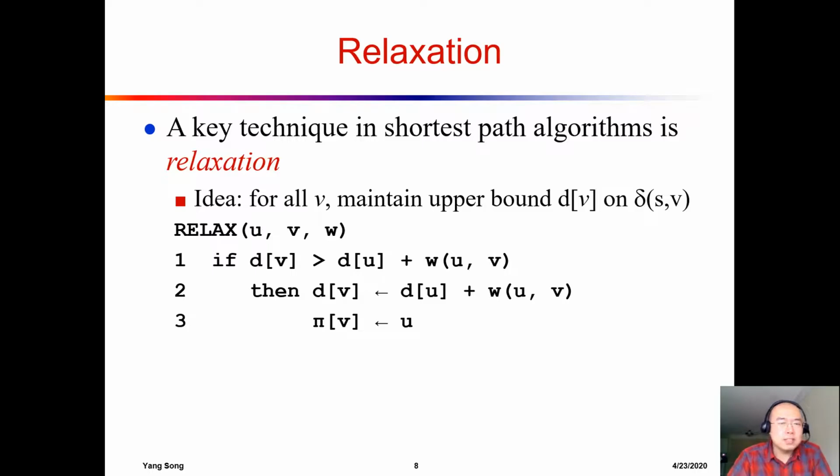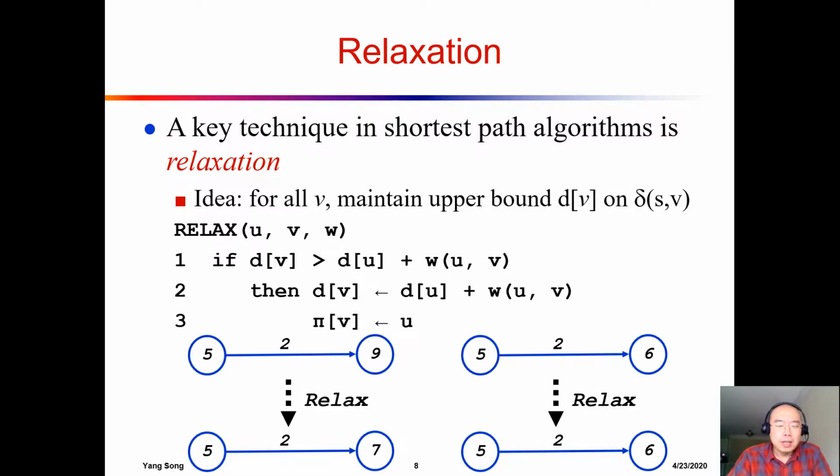Okay, that's very dry. Let me give you an example. For example, this is U and this is V. For now, d[u] is 5. So from the source to get to U, the current lowest cost is 5. And for V, d[v] is 9.